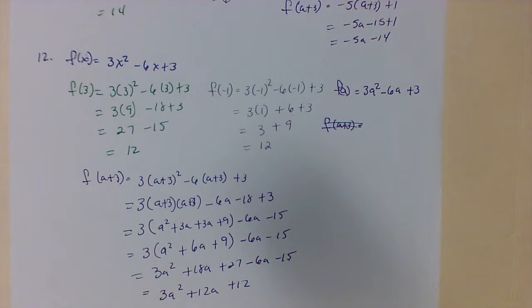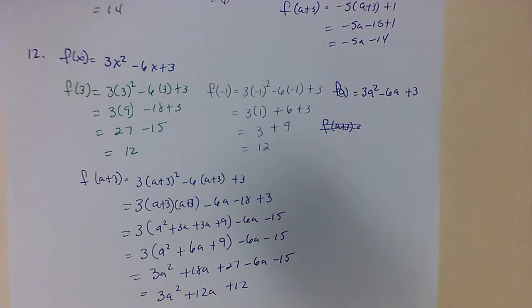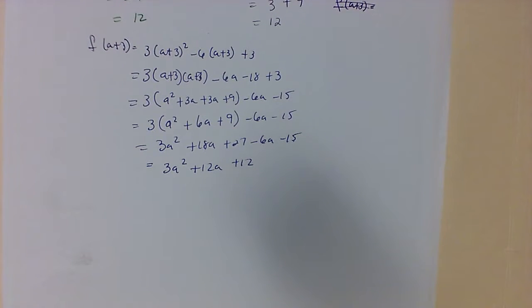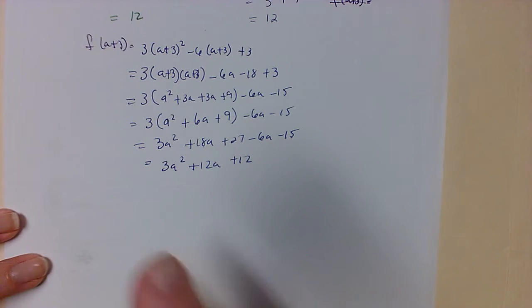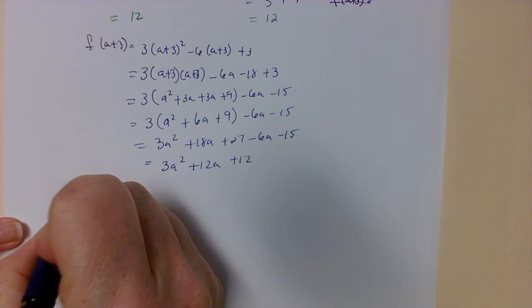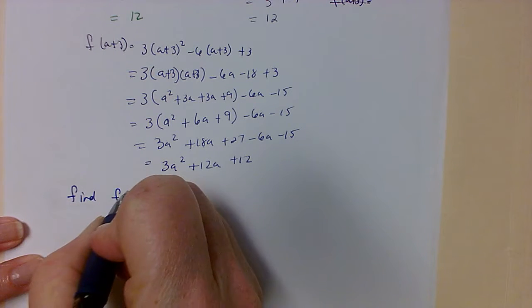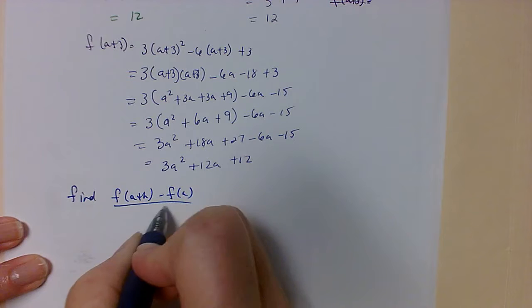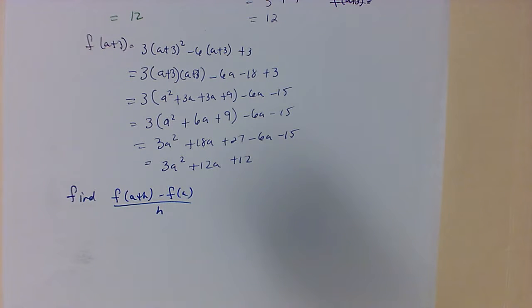So using the same process, we can use this to find the f of a plus h minus f of a, over h. So that's going to look like this. If we want to find f at a plus h minus f at a, all over h, we can use what we've already found on our previous problems.